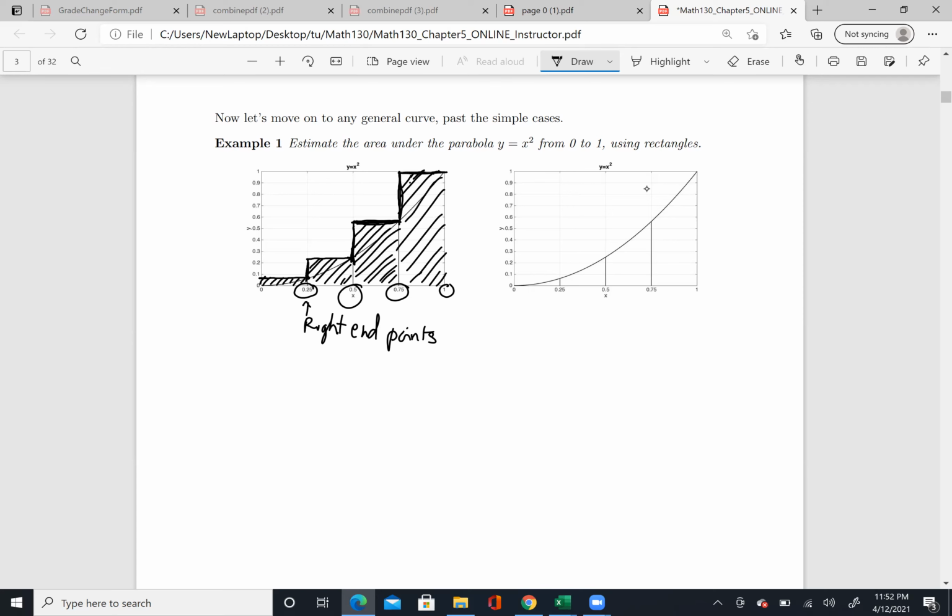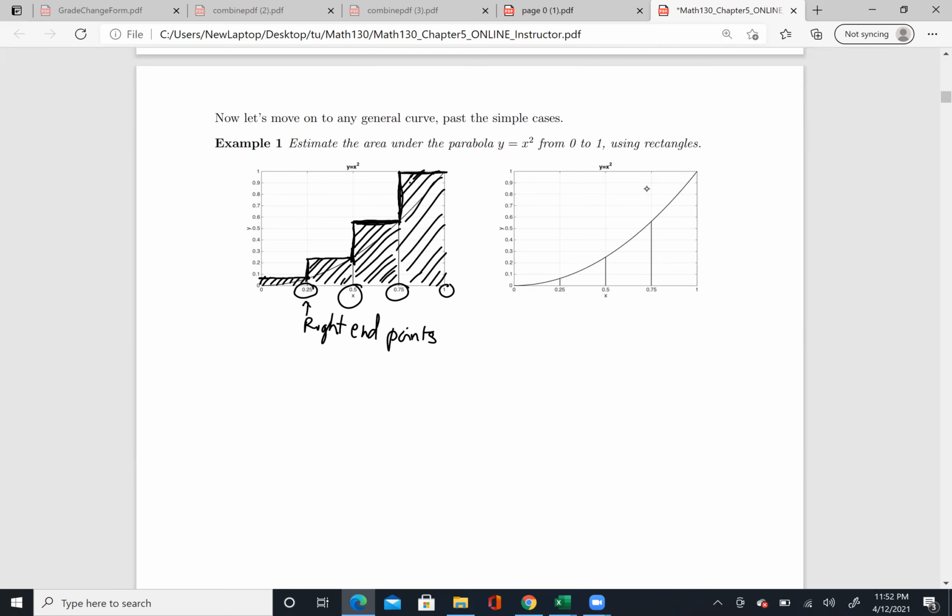So our purpose is to use these rectangles and add them up to get an estimate for the area under the parabola.